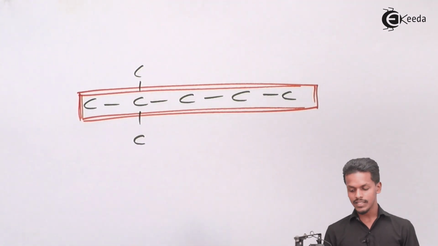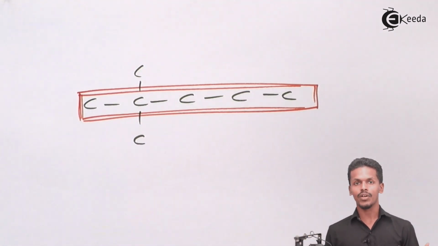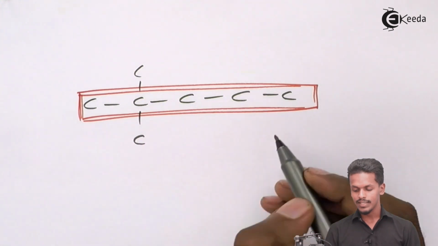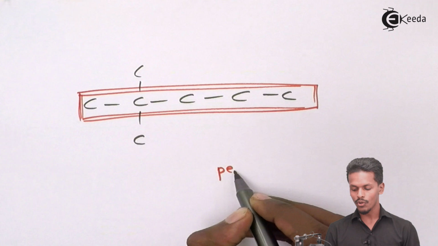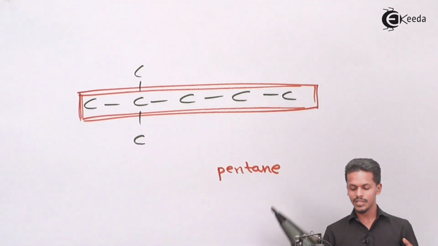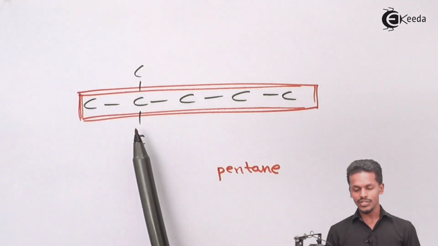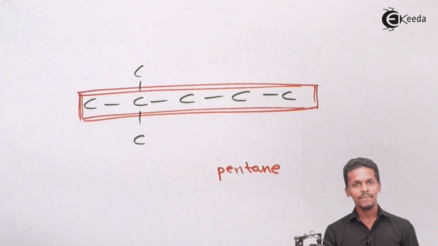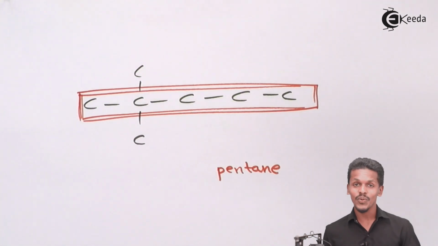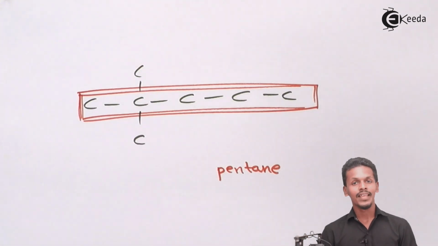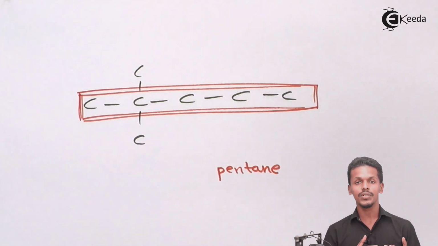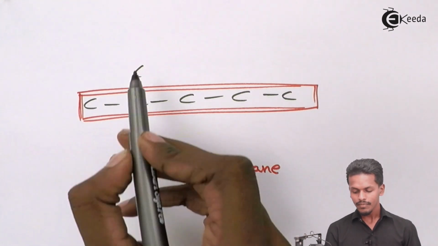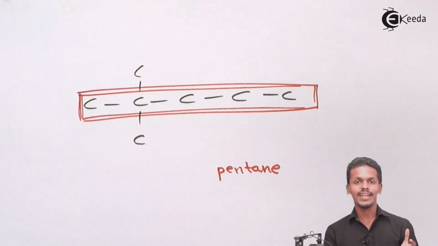Just for instance, suppose I have taken this as the longest chain, so this would be known as the parent hydrocarbon, basically pentane, because we are talking about alkanes. So this would be pentane, and in this case I could see the branching, but where should I number? In that case I should follow the other rule that we did earlier, that is, the lowest number rule, and we should number from the end from which the substituents get the lowest number.